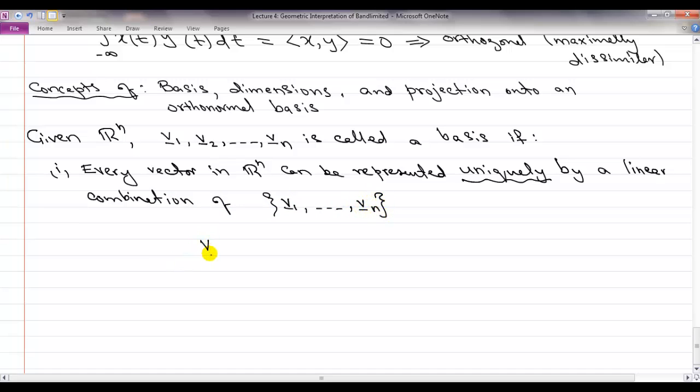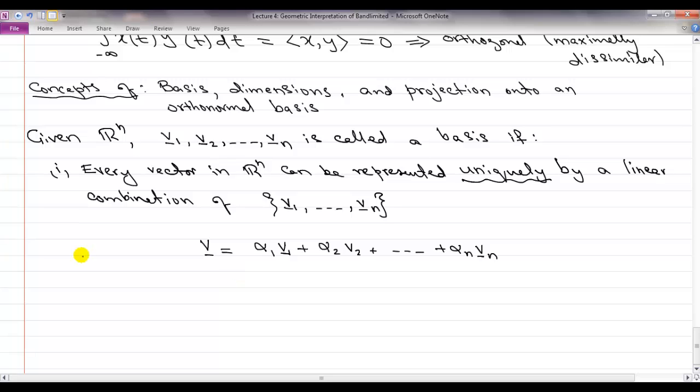Which means that if you are given a vector v, you can simply write that as alpha 1 v1 plus alpha 2 v2 plus alpha n vn. And further, there is no other alpha 1, alpha 2, alpha n that will satisfy this property. So it is a unique collection of scalars. If a collection of vectors satisfies that, then we call those vectors a basis in Rn.